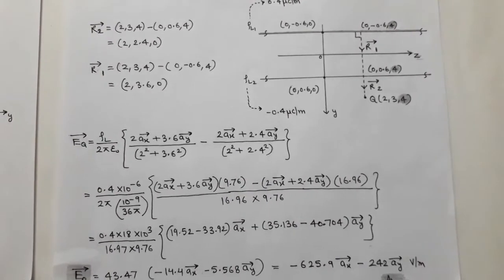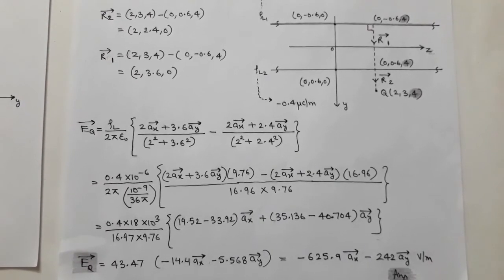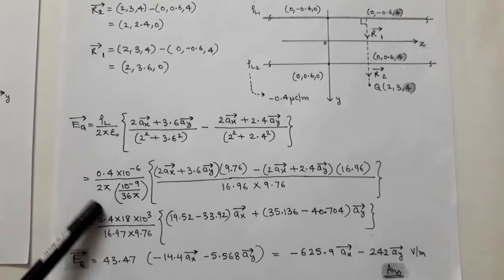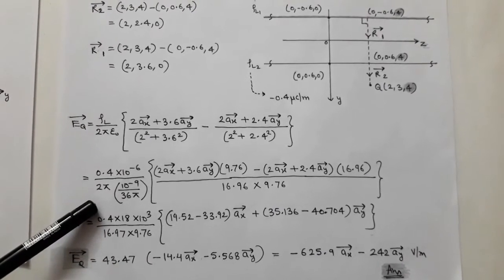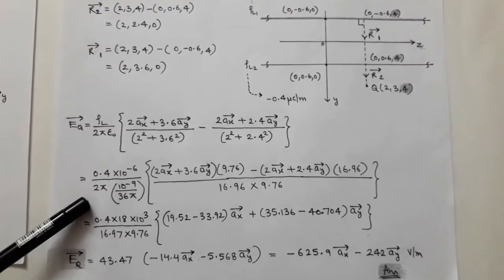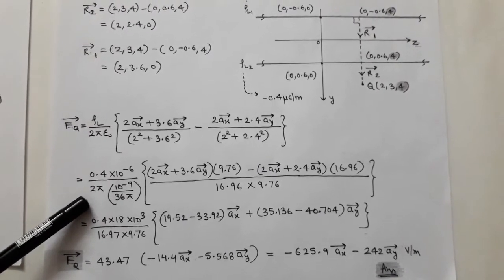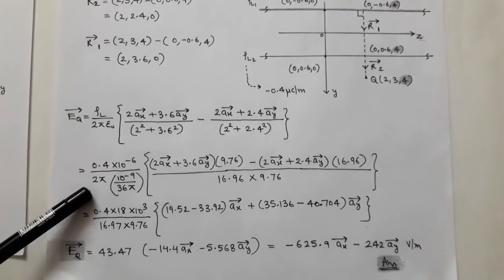After putting the values of rho L, that is 0.4 times 10 to the power minus 6, and epsilon naught, that is 10 to the power minus 9 upon 36 pi, and simplifying, we get the electric intensity at point Q due to line charges rho L1 and rho L2.